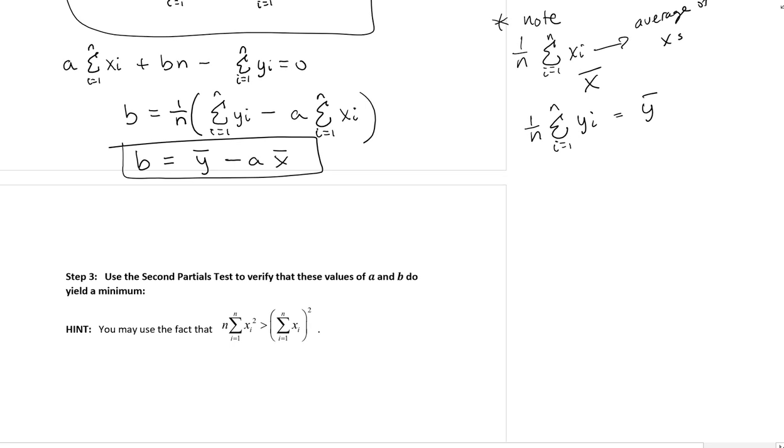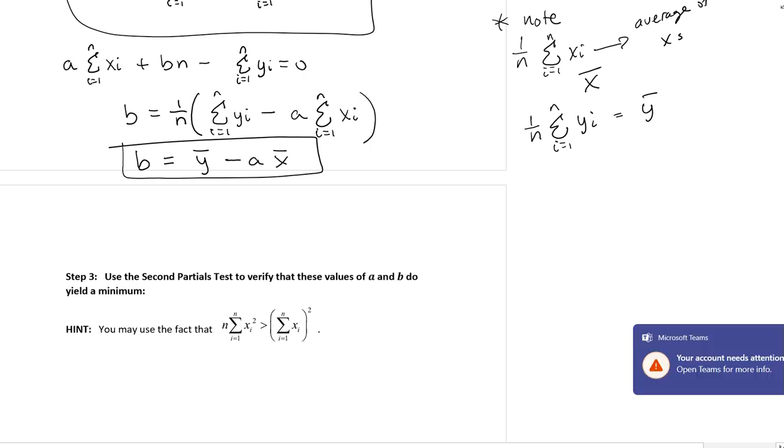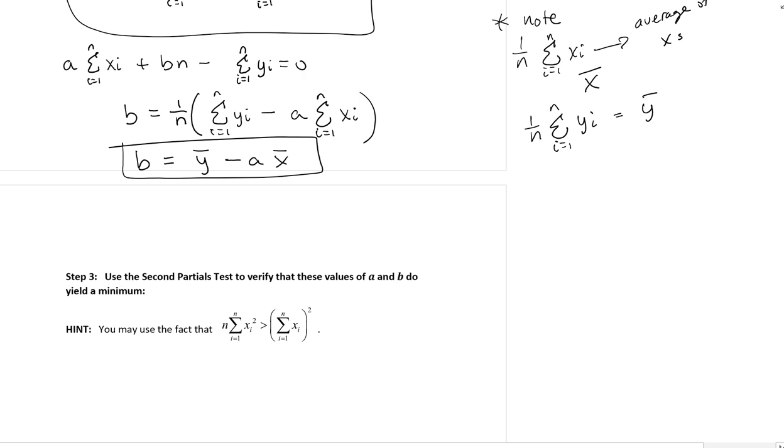Thinking about whether the critical point or critical points that we're going to find are going to be maxes or mins, let's think about the physical nature of this thing. Technically, with these errors, you could have points that are infinitely far away from our line of best fit. So our errors could technically grow without bound.